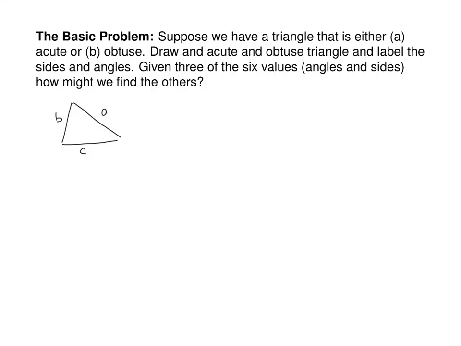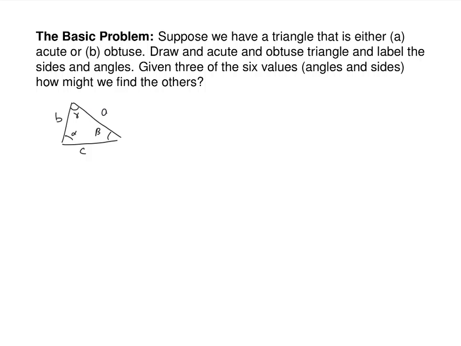The angle opposite side A, they call alpha. The angle opposite side B, they call beta. And the angle opposite side C, they call gamma, which looks like this. In high school, we just used capital letters.